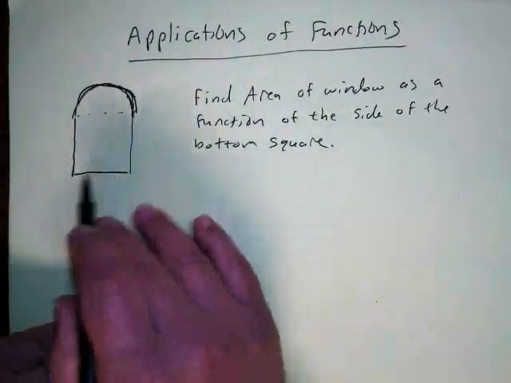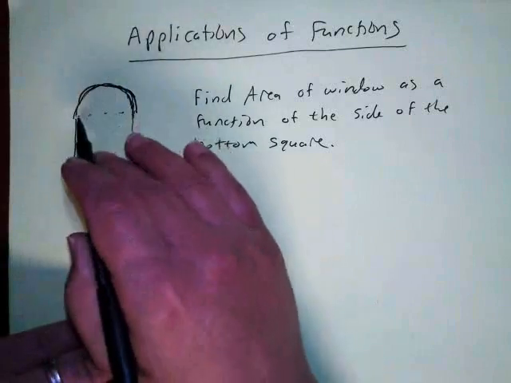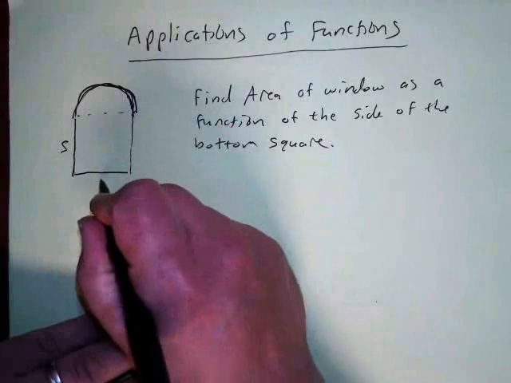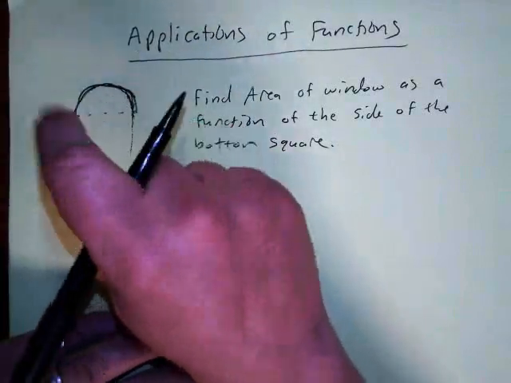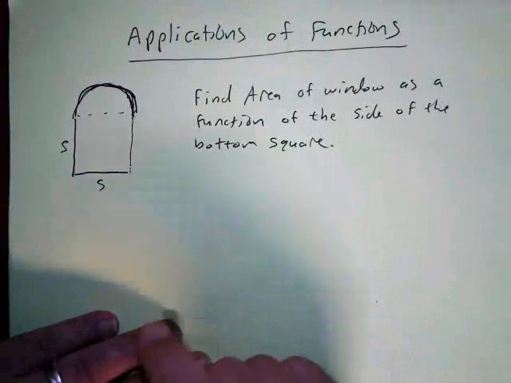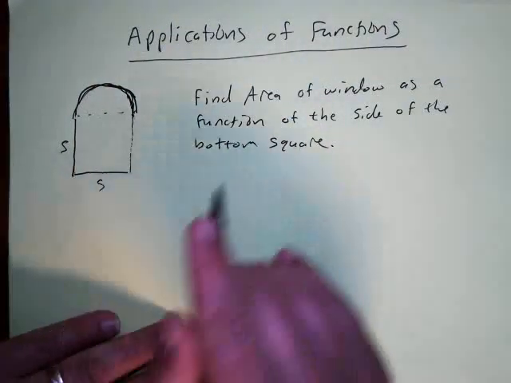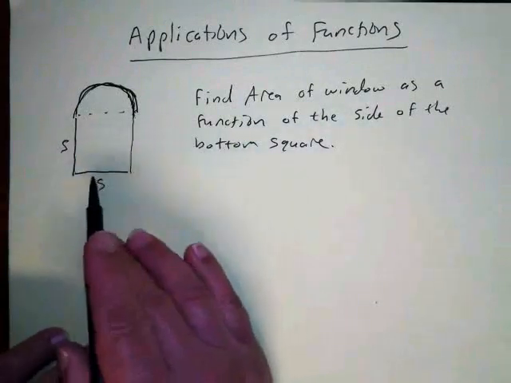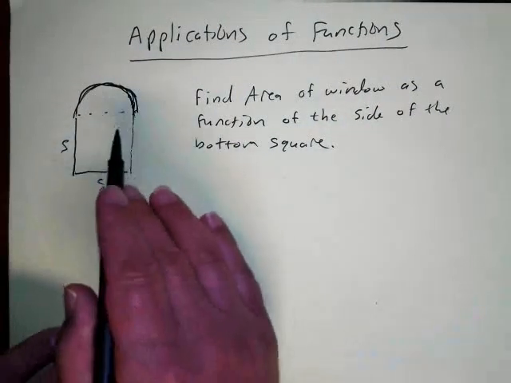This first one, it drew a window here, and the idea of this window is that the bottom is a square, and the top is a semicircle. What this wants you to do is find the area of the window as a function of the side of the bottom square.